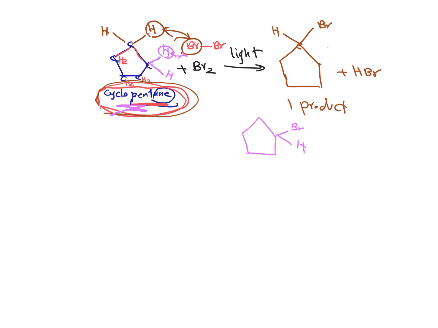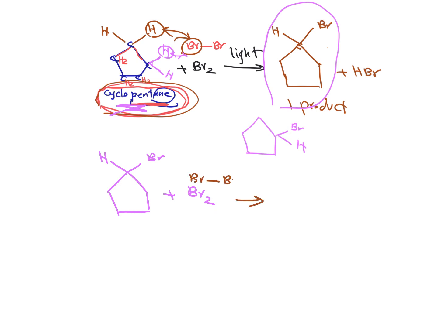Yes, basically. So you get this structure, basically the same thing that we did before. And then you react that with another Br2. So this is Br2, right? Again, you have a substitution reaction.